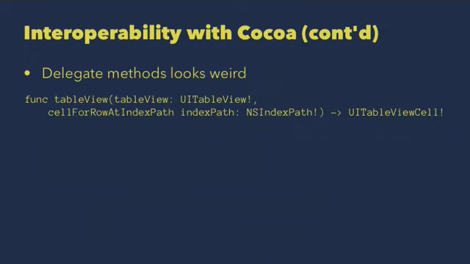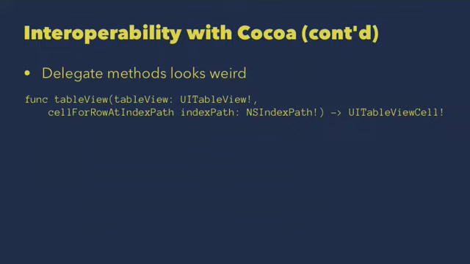So here is the example. There's a delegate method. The function name is tableView, but it returns a table view cell. And the first parameter of this function is the table view itself. So you will see a double tableView in the beginning.